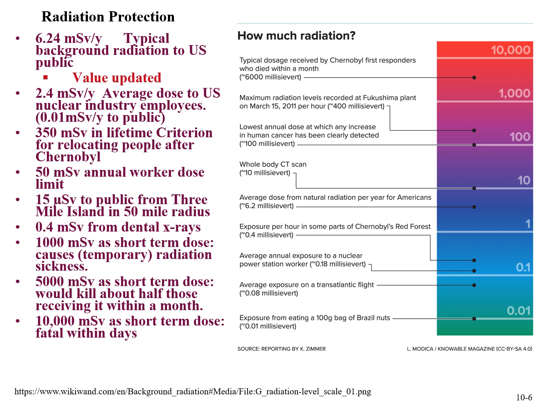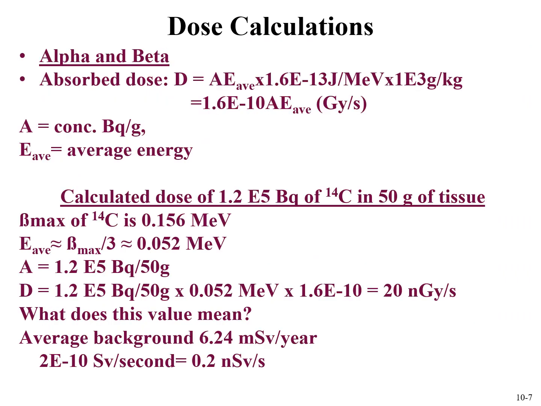And this is a method for determining relative intensities of different radiation doses. One can perform dose calculations knowing information related to the average particle energy and its activity.